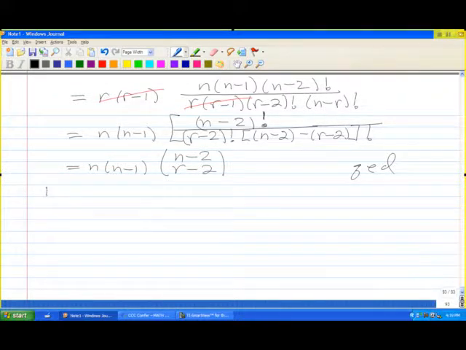So a notation for permutation and combination. So this is, I guess, notation.